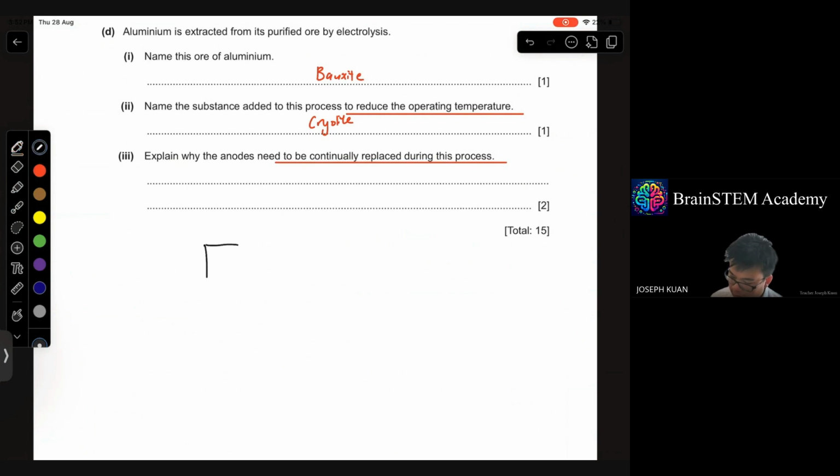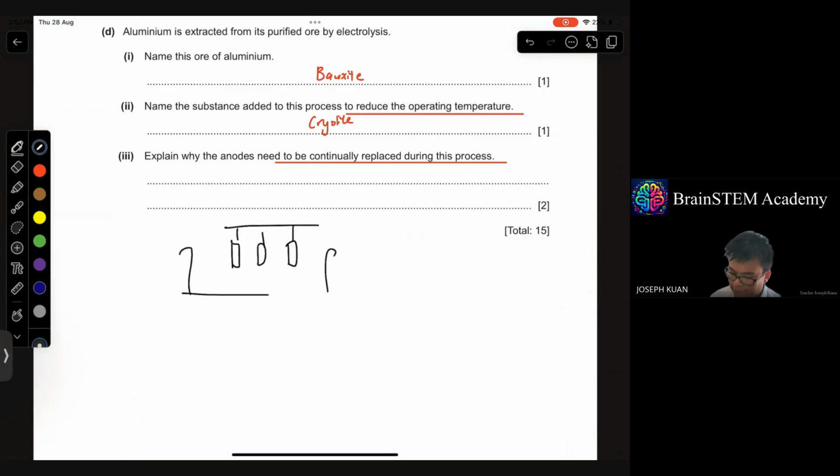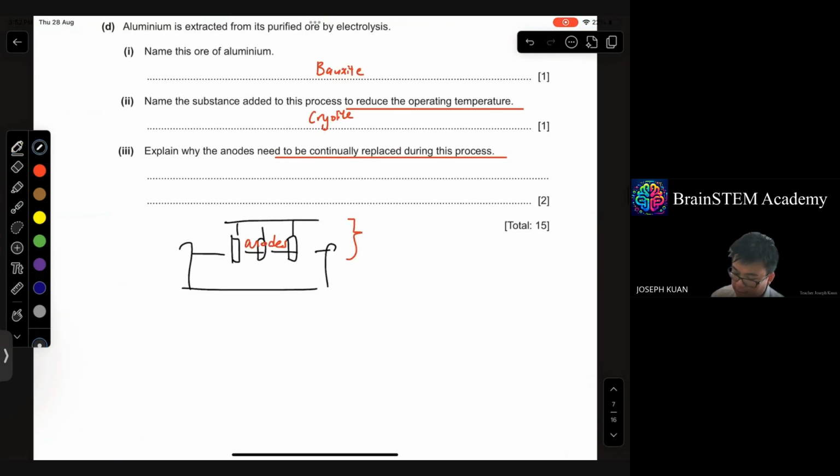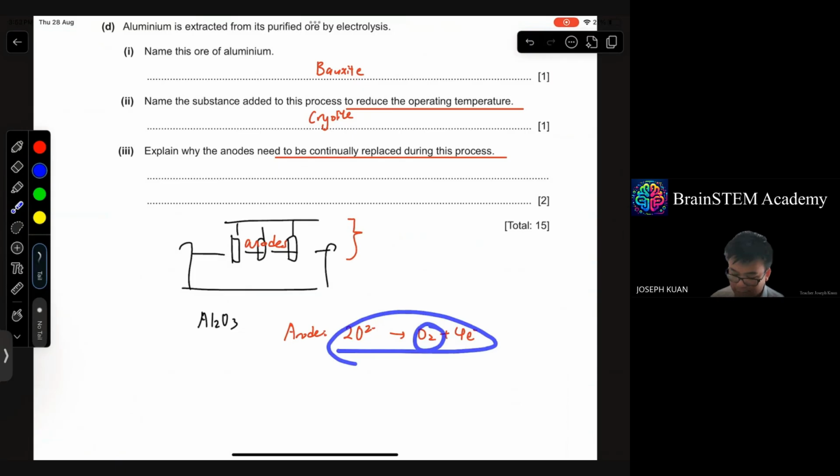Well, if you recall back on this whole process, it is basically designed in a way where the anodes can be removed and then replaced and then put back. If you look at the design, it's a bit weird that those are the anodes. But why? Because in bauxite, it's aluminium oxide. And at the anode, the oxide ions from the aluminium oxide are getting oxidized to form oxygen gas.